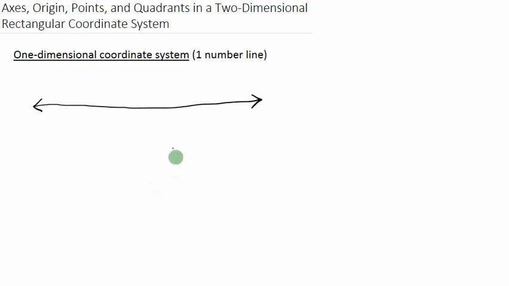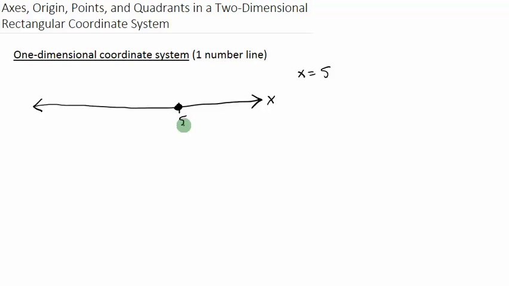So if you wanted to locate a point on this number line, for example, the number x equals 5, the reason I'm labeling this with a variable x is because this could be labeled as an x-axis. Or if it were y equals 5, it could be labeled as a y-axis, this number line. And so I would just simply mark a spot on here where 5 is, and I would put a point.